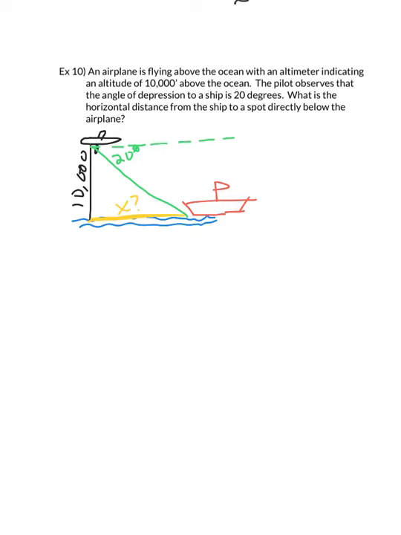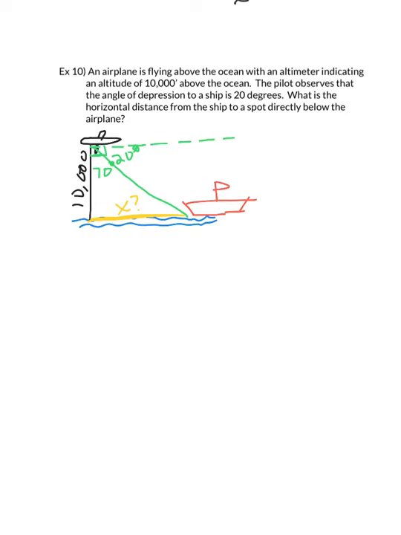But we know that if we had a vertical of 10,000 and a horizontal coming out from the airplane, that a vertical and a horizontal are going to create a right angle. So if the outside angle is 20 degrees, then the inside angle must be 70 degrees.